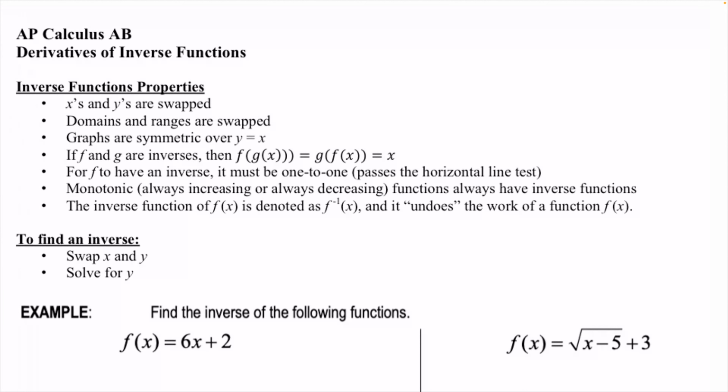The line y equals x is the diagonal line that goes through 0, 0 like that. So if you have two functions and they mirror each other across that red line, they're inverses. So that's how you can tell graphically, okay?